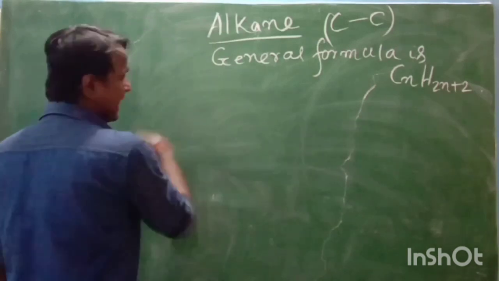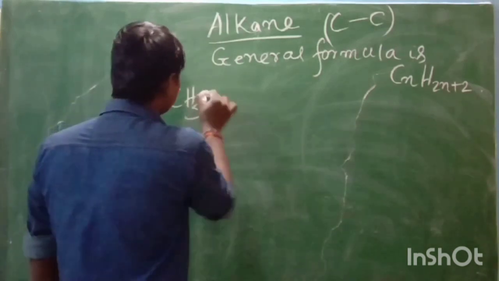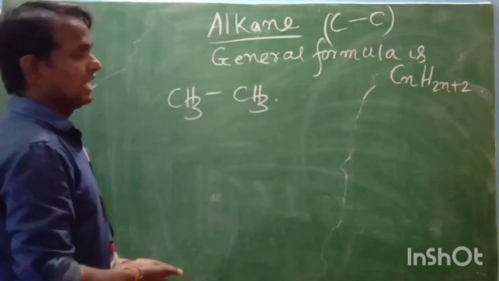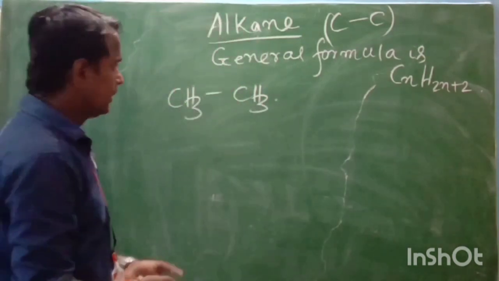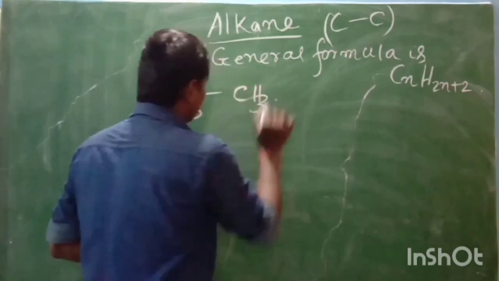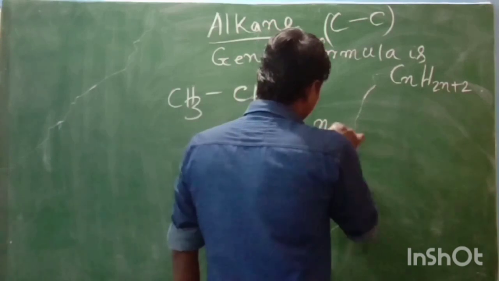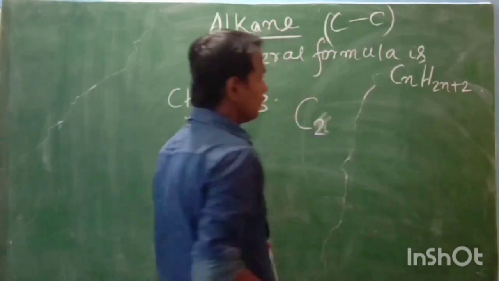How? Let's say the alkane is CH3-CH3. How do we generate the general formula of an alkane? Here the carbon number is 2, I mean Cn means 2.